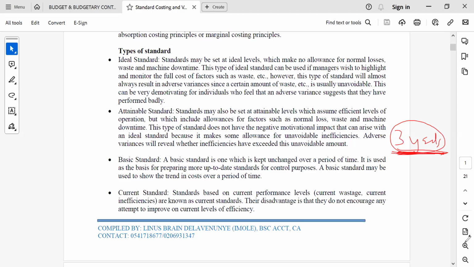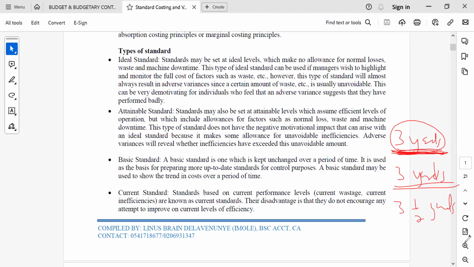Okay, so what do you have to do? If you are saying that you are not going to be setting the ideal standard, then you have to come to what we call the attainable or the normal standard. So you know that you are going to be using 3 yards to sew the cloth for the person. But if you are going to the market, you are going to be buying 3.5 yards.